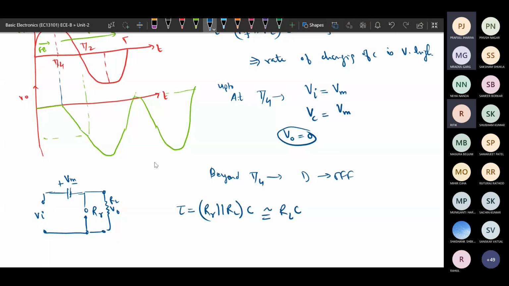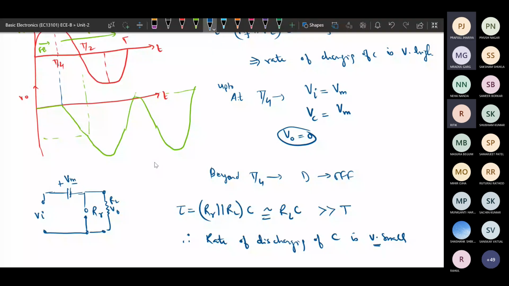So this RL into C, that is the time constant, comes out to be much greater than the time period. So that means your time constant tau is very high. That implies the rate of discharging of the capacitor will be very small.